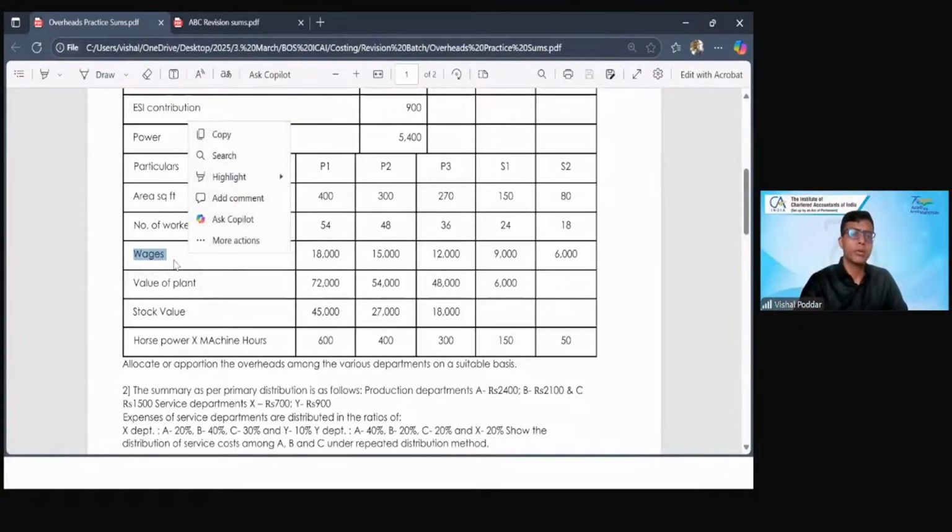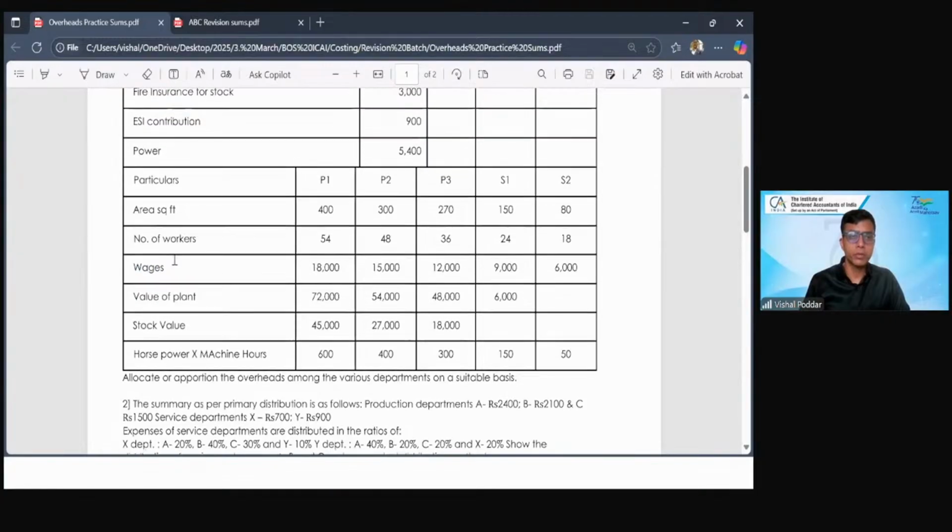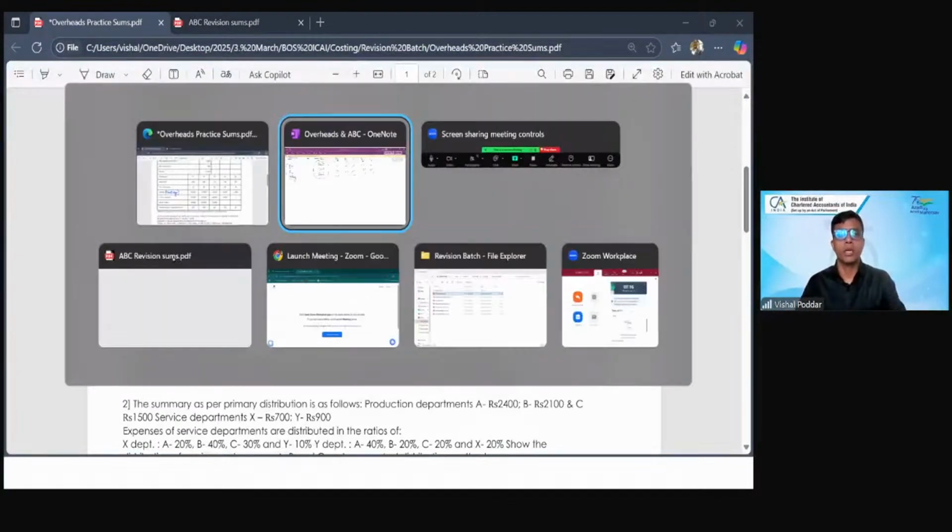So you can just write it over here for your reference that what we are assuming is direct wages. Now, in this example, this one direct cost is given, which is direct wages. As I just explained, direct cost will be considered only in the service department columns. So I will take only 9,000 and 6,000 and not the other ones.